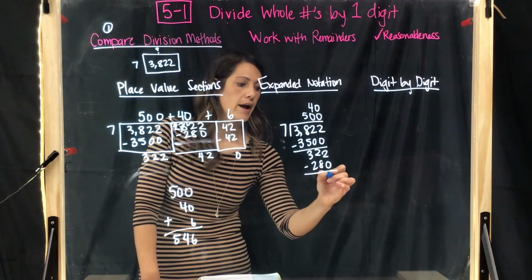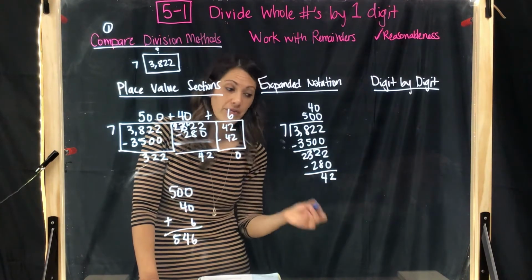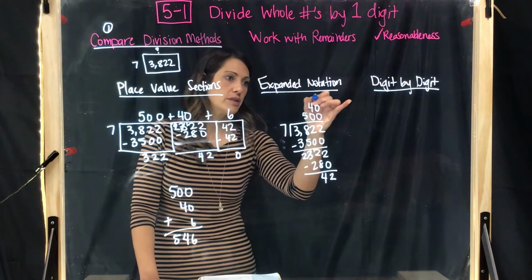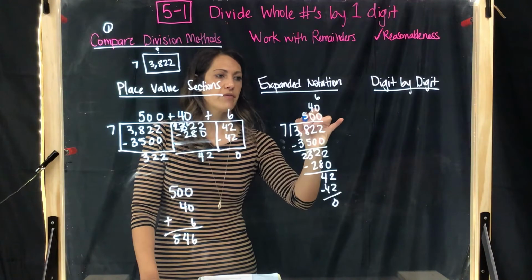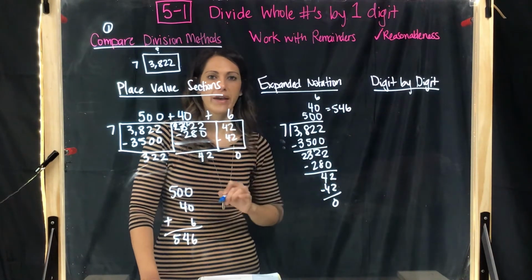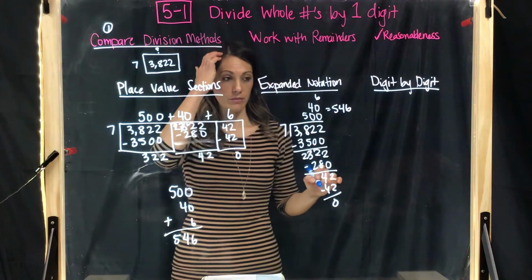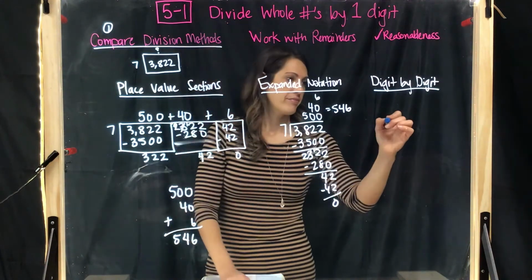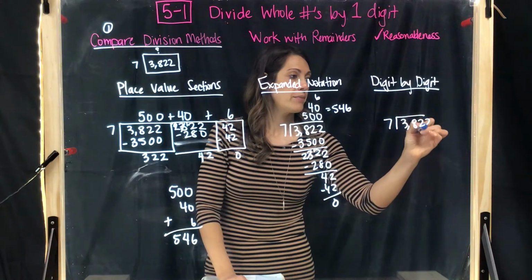Okay, subtract, regroup here. I've got 42 left, and I know that 7 goes into 42 6 times. And I take all those numbers, 500, 40, and 6, and I add them up. Now, digit by digit is probably what many of you are accustomed to, and that is just going each digit by digit.